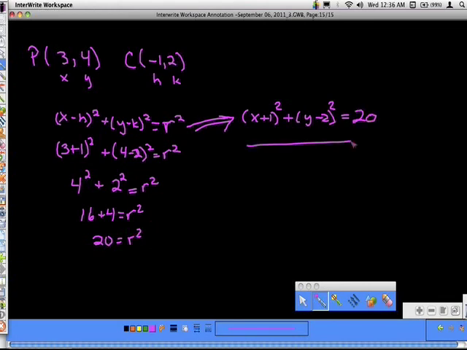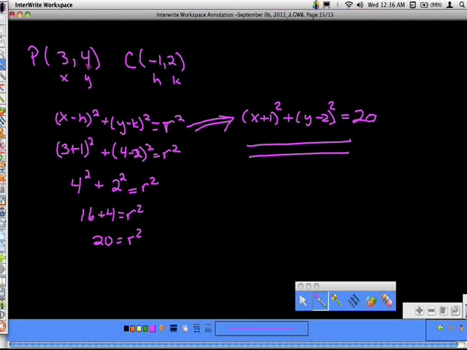And there's our equation for the circle that has a center at -1, 2 and goes through the point 3, 4. So a lot of plug and solve, and away you go.